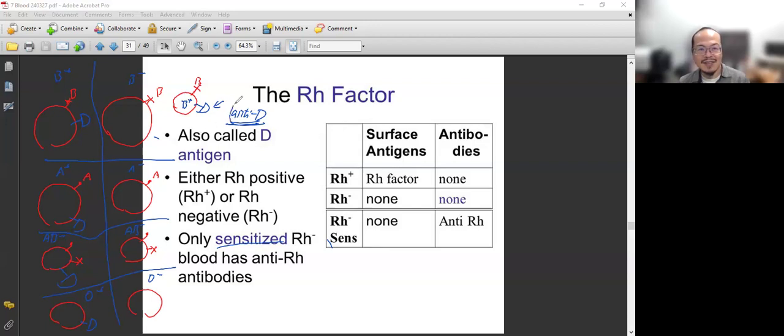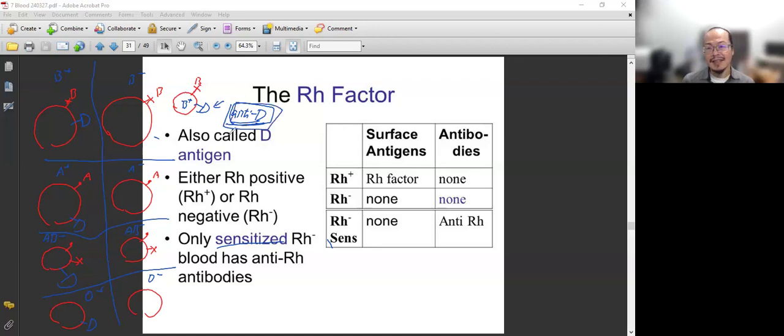So you may sense it. This could happen when the pregnant woman, say this is a minus, the woman doesn't have the antigen D in their blood, but if the baby has a D on it, the mother may recognize it and then over time create the anti-D antibody.